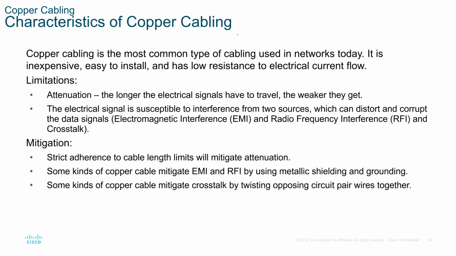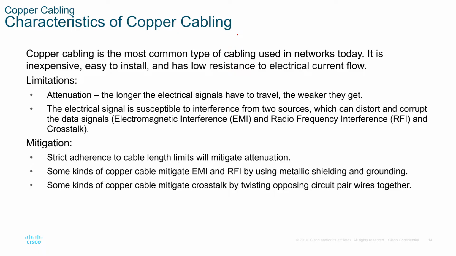Attenuation is over time or distance, does the signal degrade? The longer the electrical signals have to travel, the weaker they get. Many years ago, they thought that radio signals in space could travel forever. It has recently been proven that they also degrade and they do not travel forever.